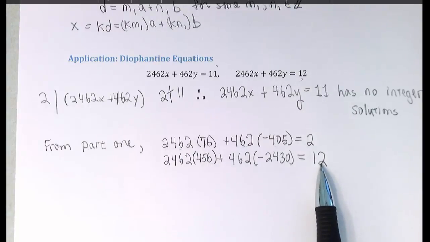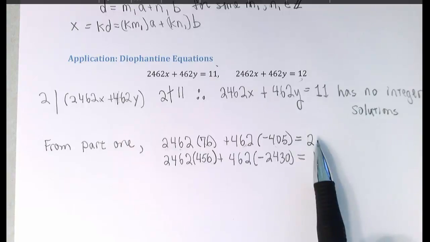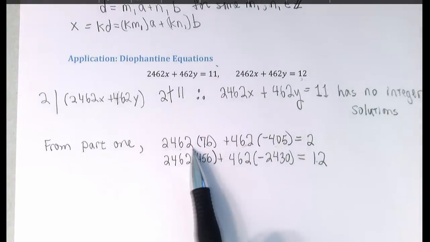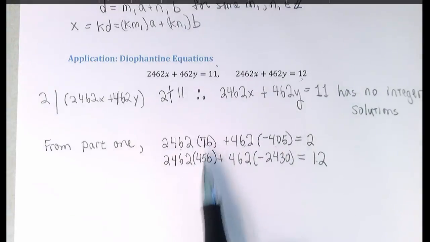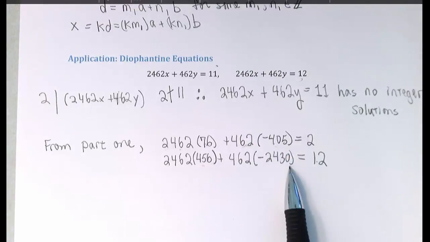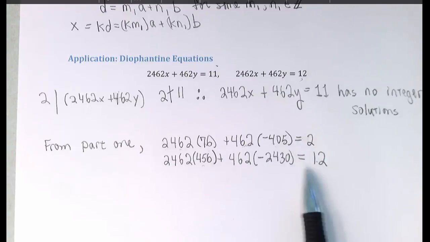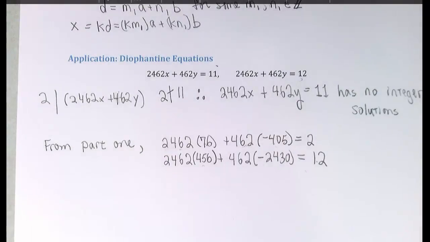Once we have that, if we need a 12 on this side, which is the equation we're trying to solve, we need merely to multiply this by 6. Then we multiply the left-hand side by 6, distributing the 6 to the two terms. 6 times 76 is 456. 6 times minus 405 is minus 2430. And that gives us one solution to the Diophantine equation that we've set here.